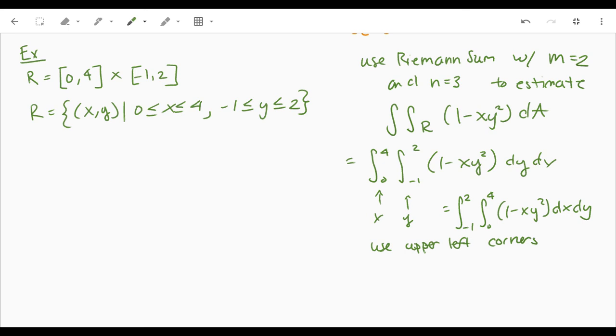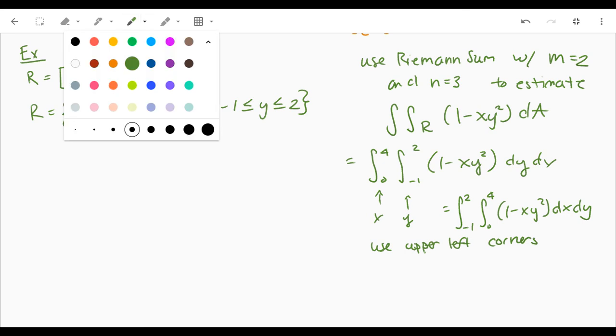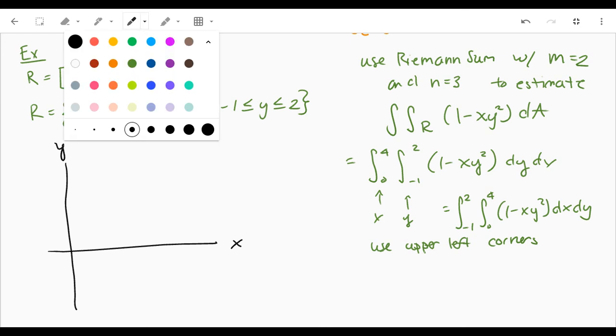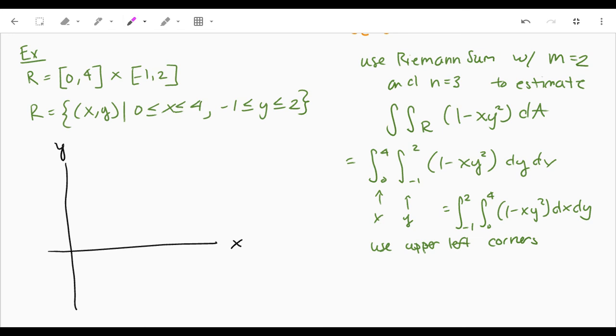Okay, so probably the easiest way to do this is to organize your work on a graph. Just the xy plane. Your x's go from 0 to 4, and we're going to divide it into 2. So we're going to have 0, 2, 4.